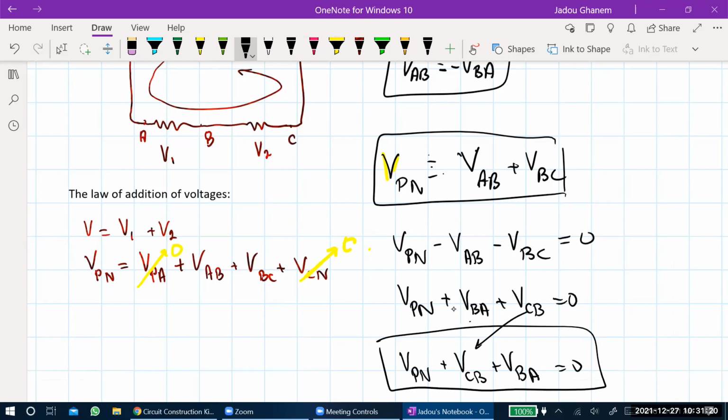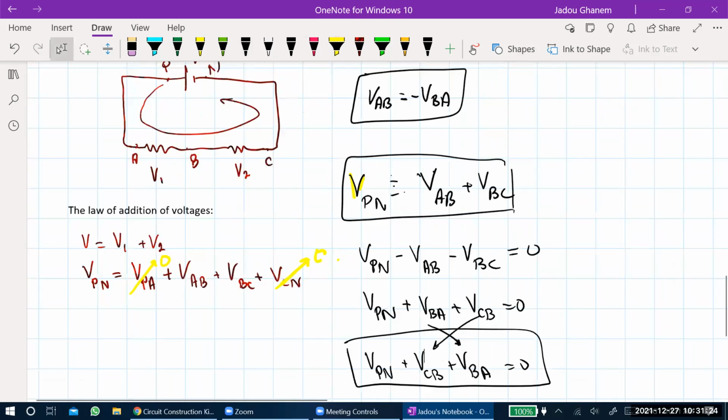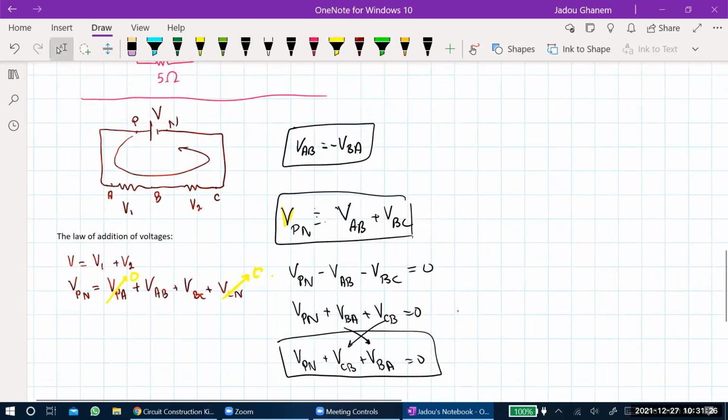I placed this one here and this one here. So what I did right now, I started adding the voltages from P to N, then from N to C, we say it's a wire, so 0 volts, then from C to B, then from B to A, and also from A to P, it's a 0 volt. So these two are 0. The remaining parts are the battery with CB and BA. Is that clear?